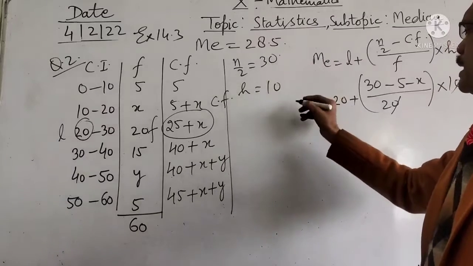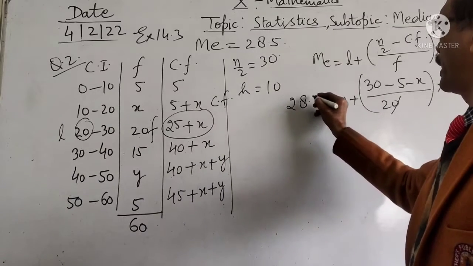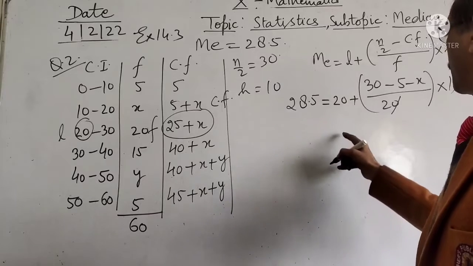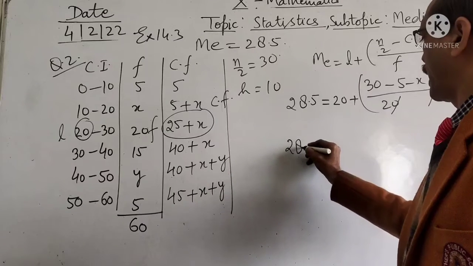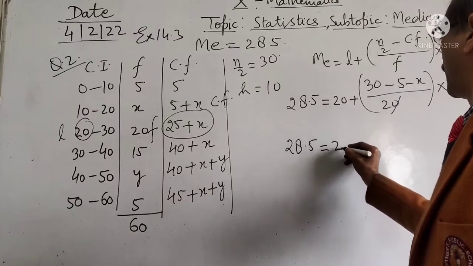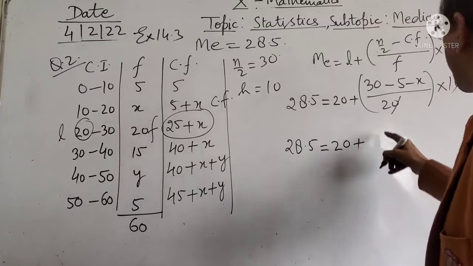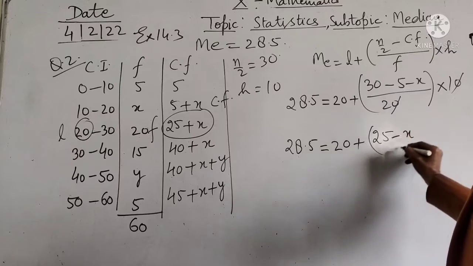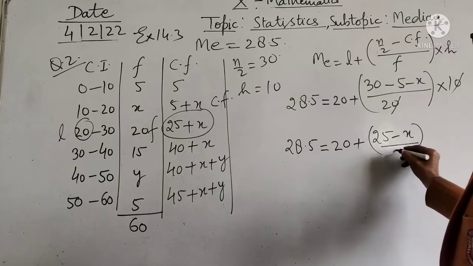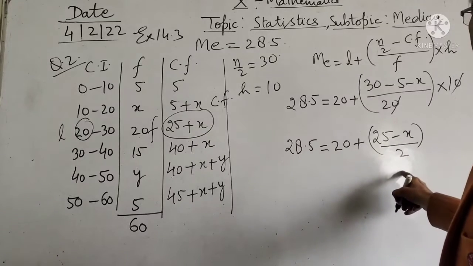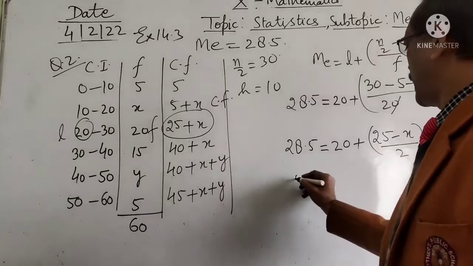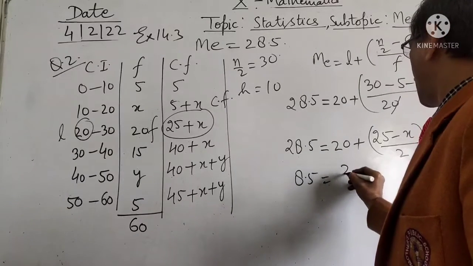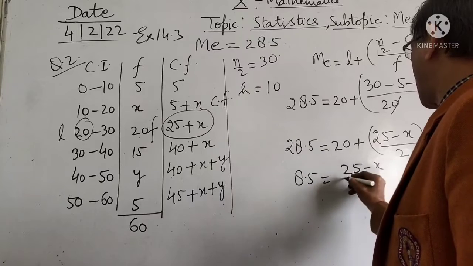And the value of the median is given as 28.5. So 28.5 is 20 plus (25 minus x) upon 2. Then 8.5 is (25 minus x) upon 2.